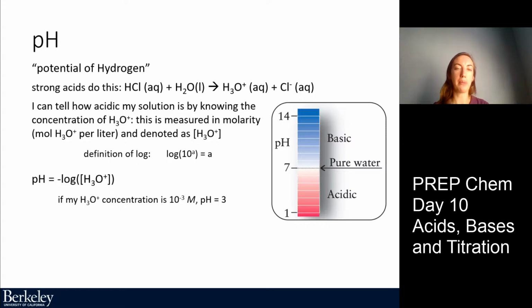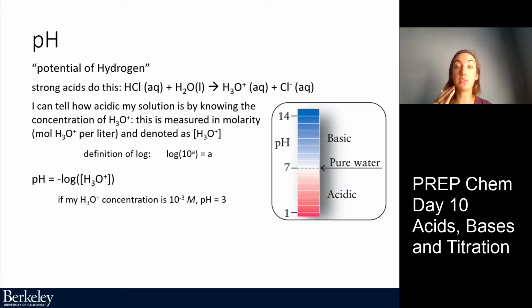So basically what's happening in water is that some small fraction of our water molecules are splitting into H plus and OH minus and combining and ending up with H3O plus. And then our acidic solutions have pH below 7, so they might have an H3O plus concentration of 10 to the minus 1 through 10 to the minus 7.